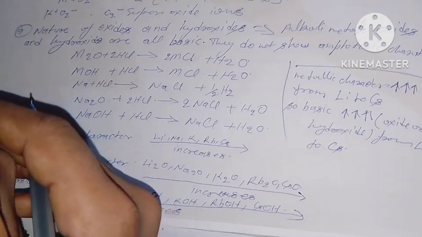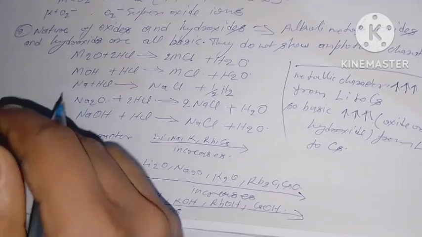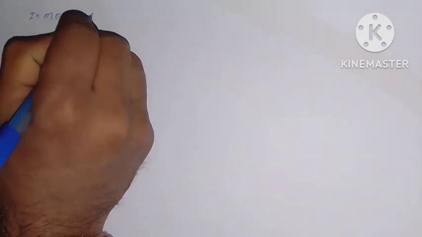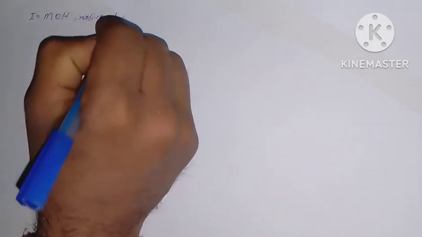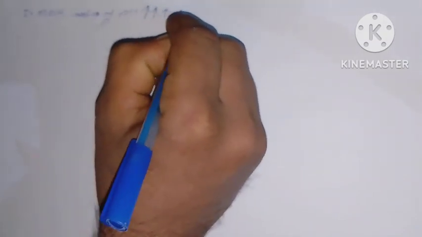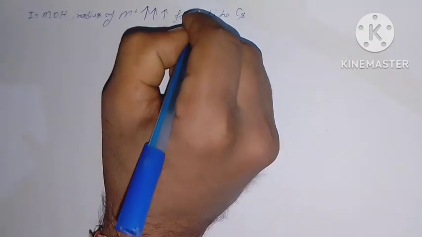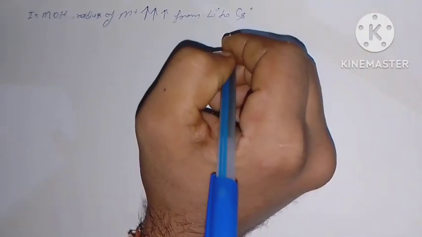As a matter of fact, metal hydroxides are strong bases and are 100% ionized.